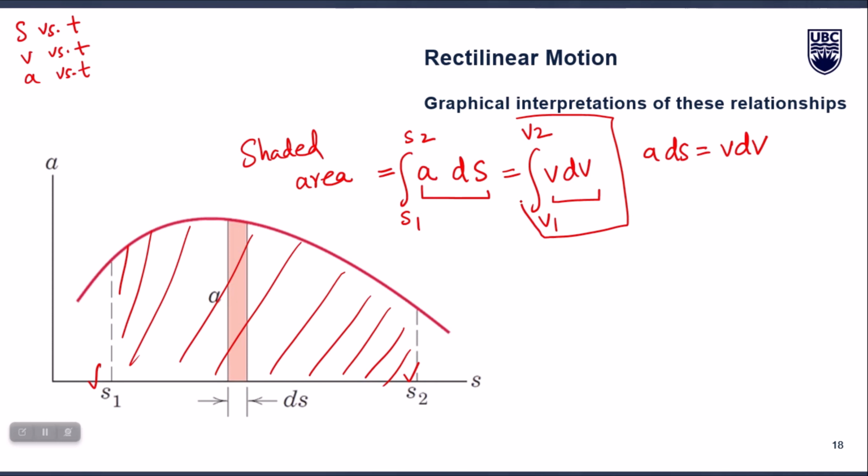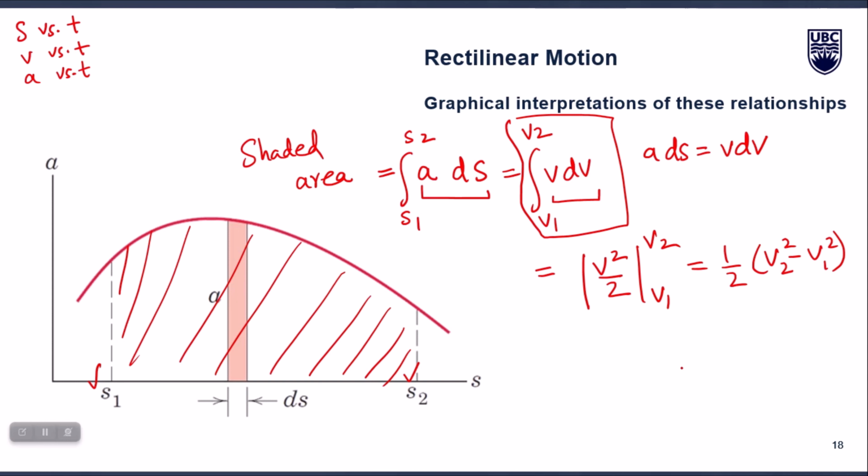This will become v square over 2, with limits from v1 to v2, and that will become 1 over 2 times v2 square minus v1 square. So the shaded area which I highlighted here is mathematically equal to 1 over 2 times v2 square minus v1 square.